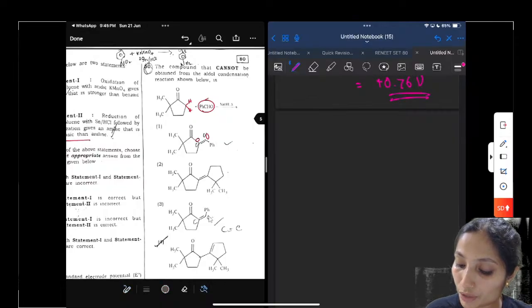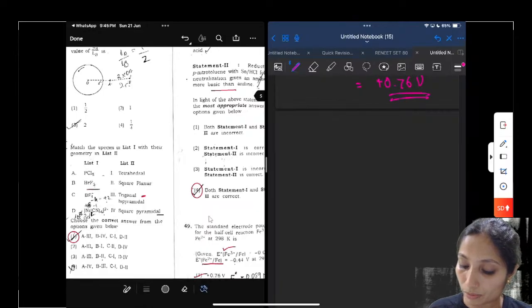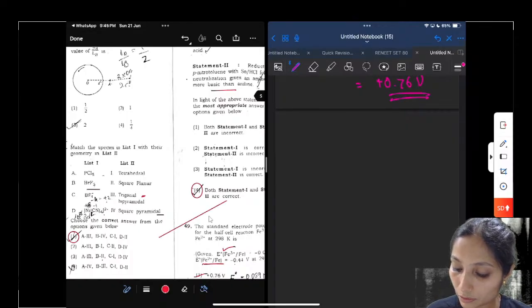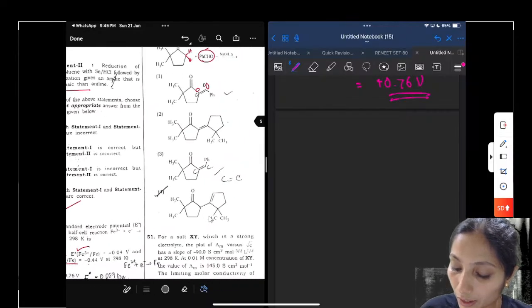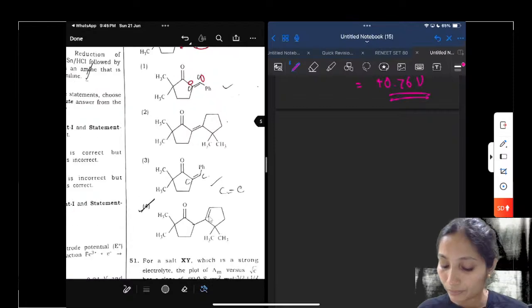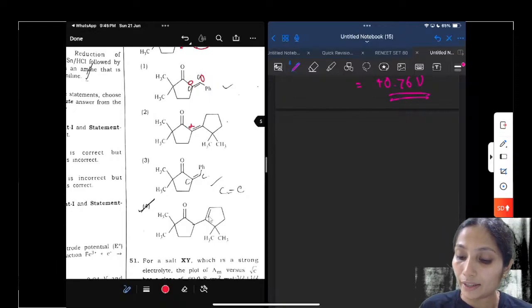And when I come to this one, this is alpha and this one is beta.